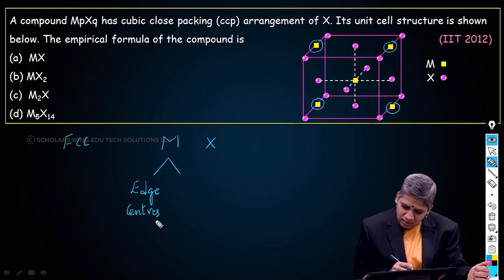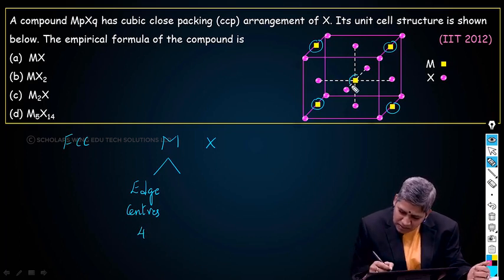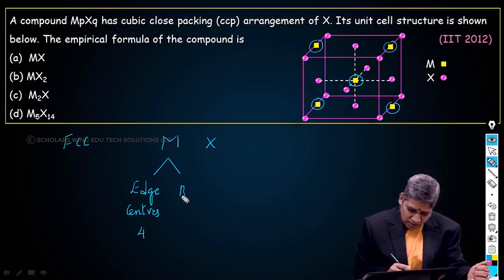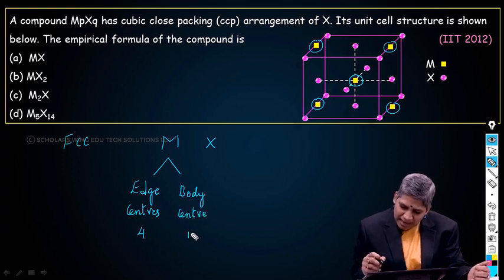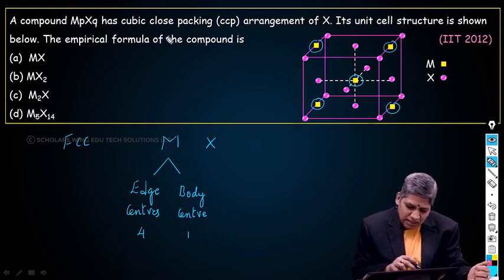And how many are there? 4. Also, it is present at the center of the body of the unit cell. So that is body center. Of course, you can have only 1 there. What about X? It's given as CCP arrangement of X. That means FCC.